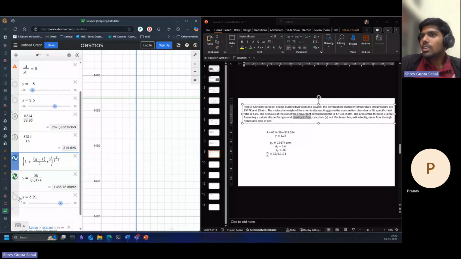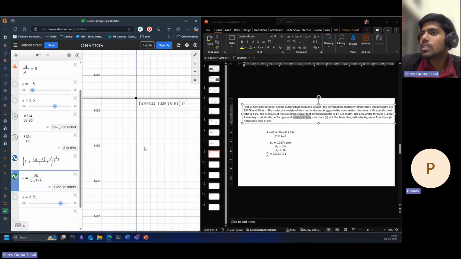Actually, a very high value. Whereas this Mach number goes high, the values are phenomenal.